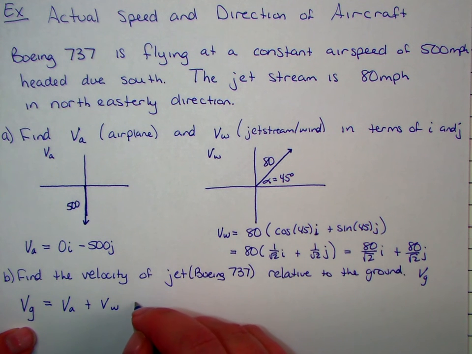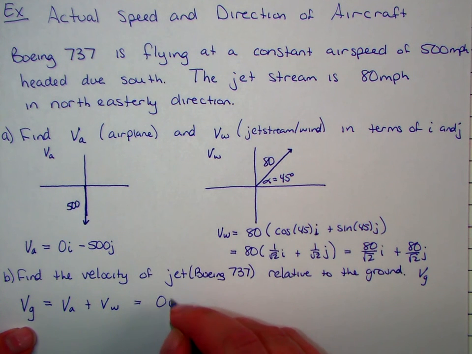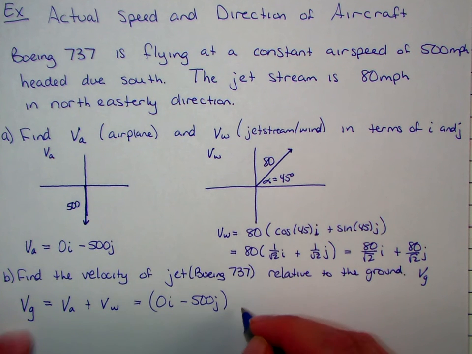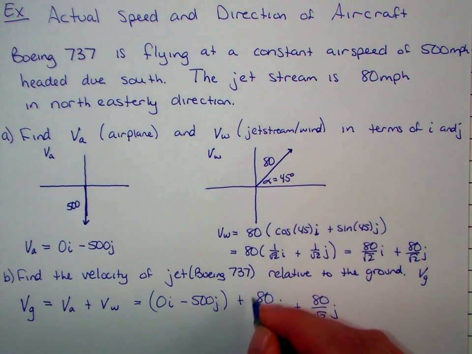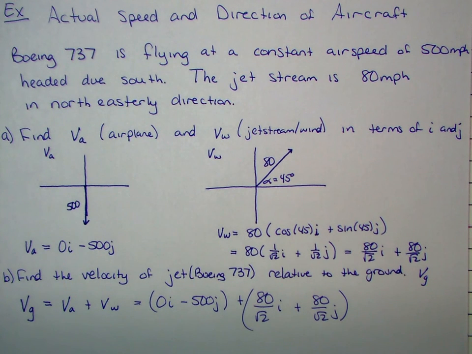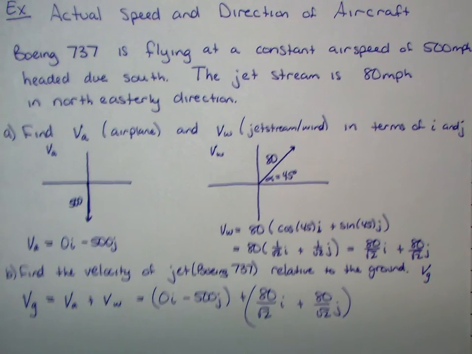So we want to add 0i minus 500j with 80 over rad 2 i plus 80 over rad 2 j.